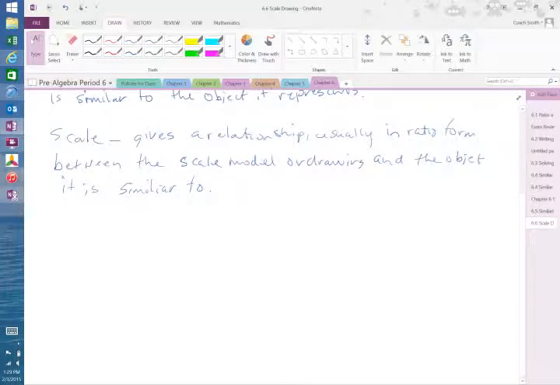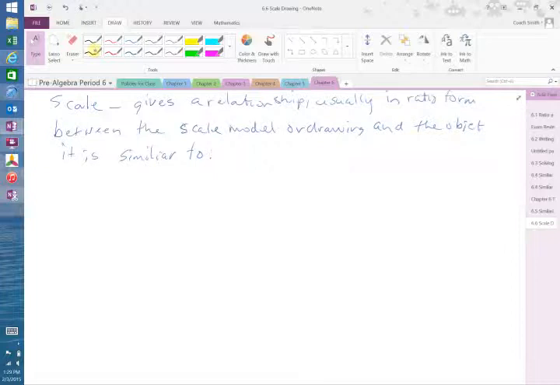Okay, so those are some examples of what we're talking about when we say scale drawing, scale model, and the scale. Now let's look at some actual problems dealing with scale model and scale. For example, look at page 302. It says a map has a scale of 1 centimeter for 5 kilometers. So the scale is 1 centimeter over 5 kilometers.